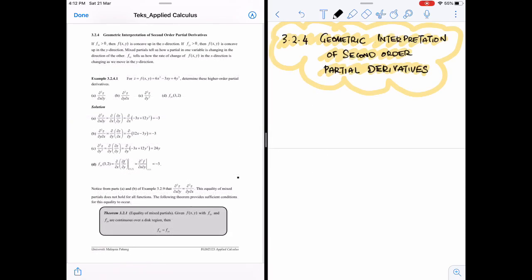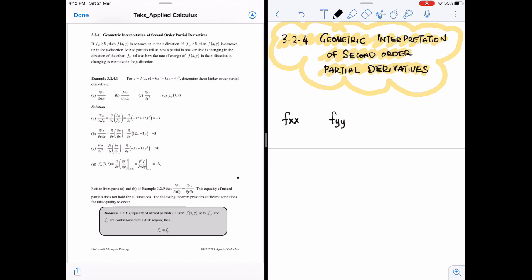Let's continue with the last subtopic in 3.2, which is 3.2.4, the geometric interpretation of second order partial derivatives. For second order partial derivatives, we will have fxx, which is the partial derivative with respect to x 2 times. We will have fyy, which is the differentiation of f with respect to y 2 times.